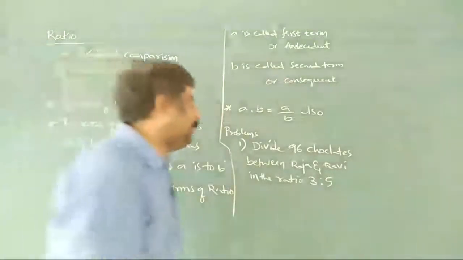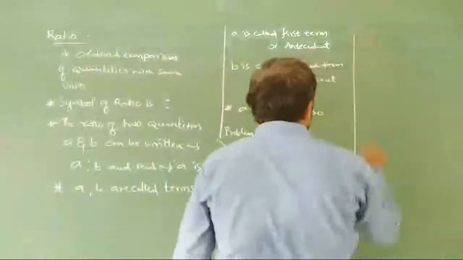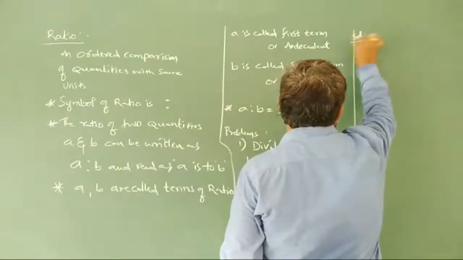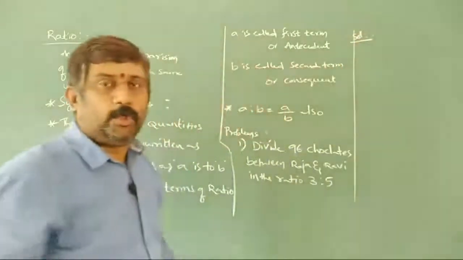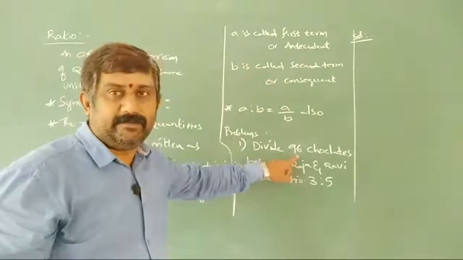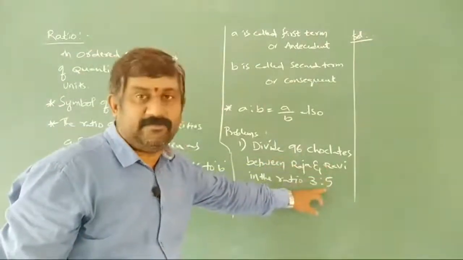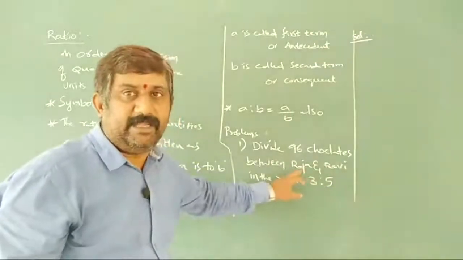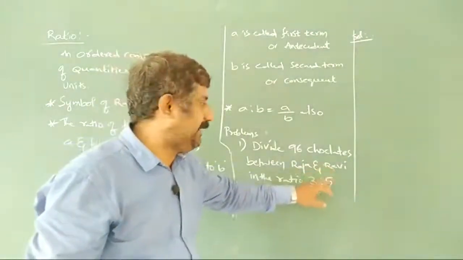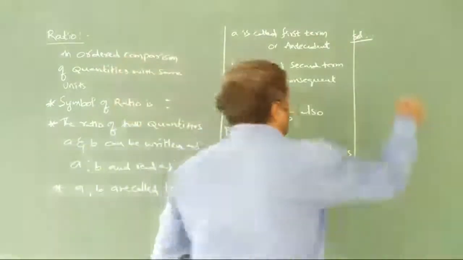Okay, now we'll solve this problem. First, the total number of chocolates is 96, Raja's share is 3 and Ravi's share is 5. So we take Raja's share as 3x and Ravi's share as 5x. So we'll write all those.